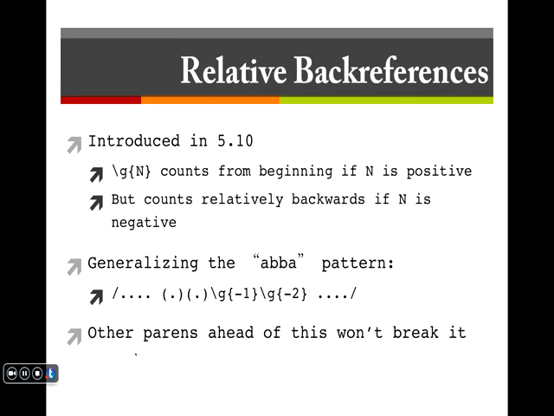Now, this idea, which is named relative back references, was introduced in Perl 5.10, and it extends not only to positive numbers, it allows you to go to negative numbers. That means not only can you compare the string going forward, but you can go backward.